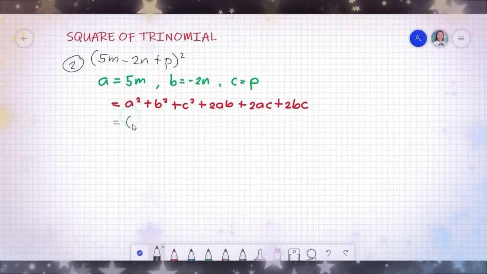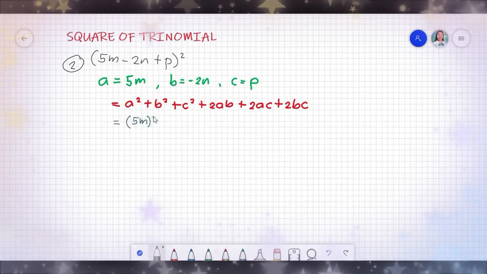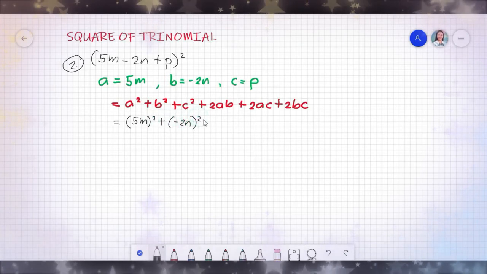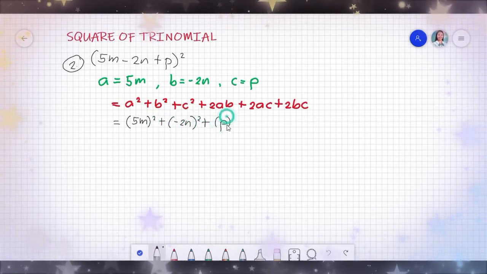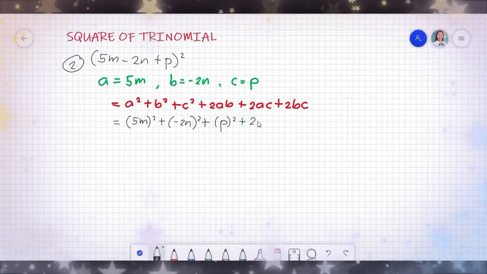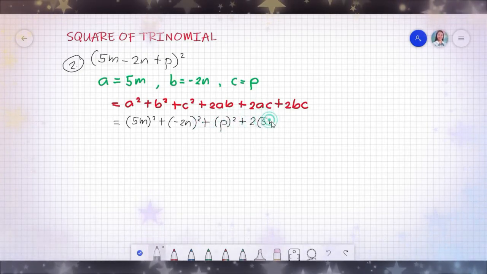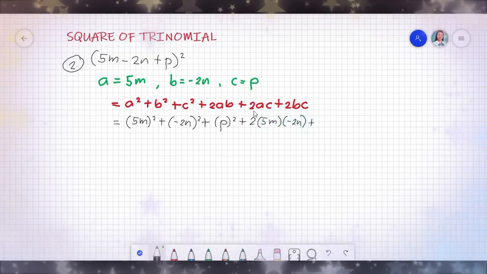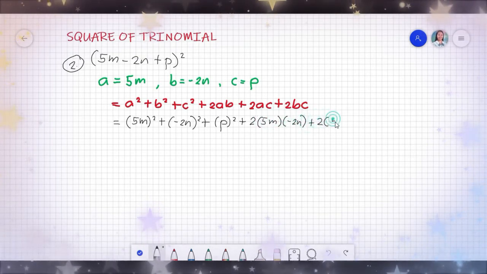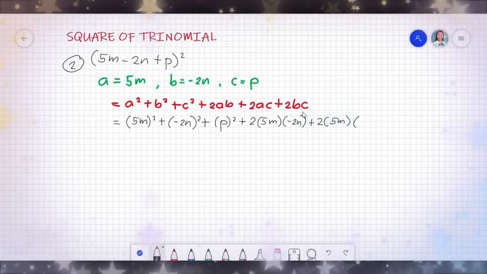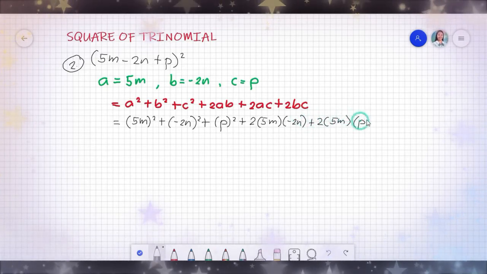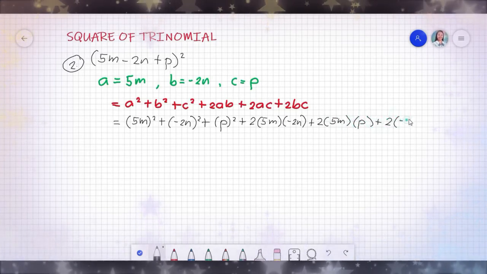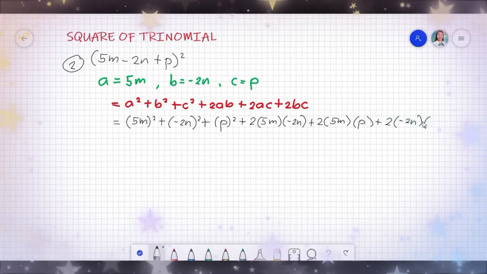So the pattern is (5m) squared plus (negative 2n) squared plus p squared plus 2 times 5m times negative 2n plus 2 times 5m times p, and lastly 2 times negative 2n times p.